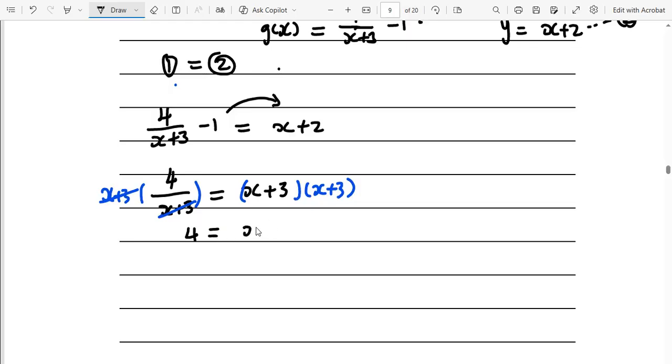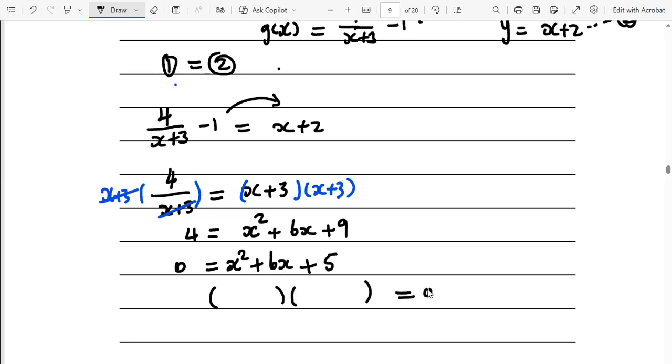It is equal to multiplying out the bracket. This is x squared plus 3x plus 3x, that's plus 6x plus 9. Okay, so I'll bring the 4 to the other side. This is x squared plus 6x. The 4 comes to this side to be negative, which leaves us with plus 5. So this is equal to 0. Can we factorize this?